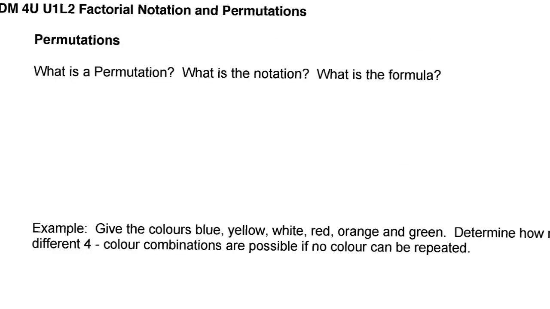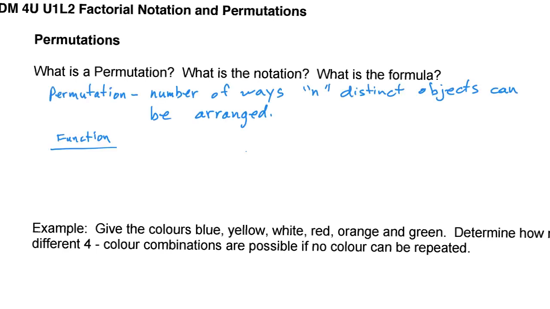So now let's answer the following question. What is a permutation? Now, a permutation is no more than a number of ways n distinct objects can be arranged, right?